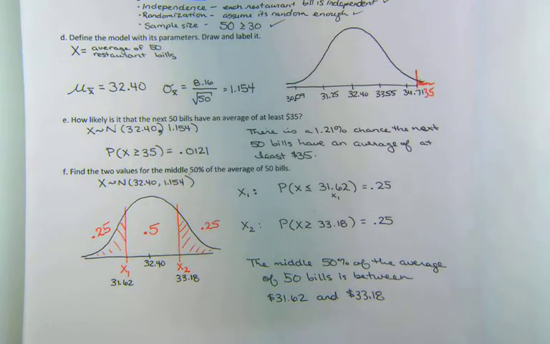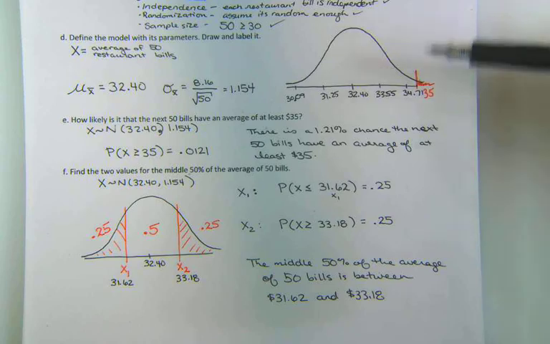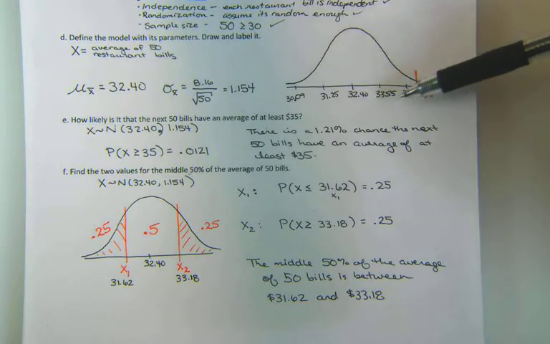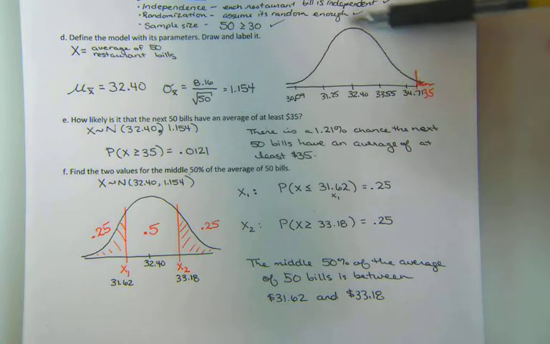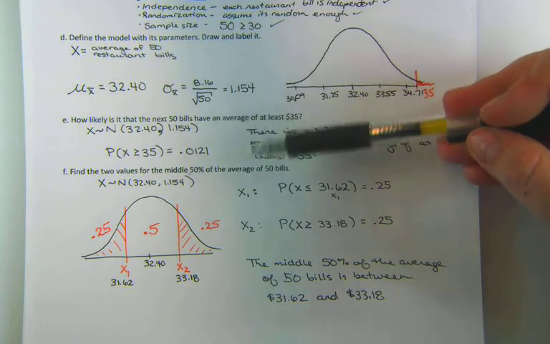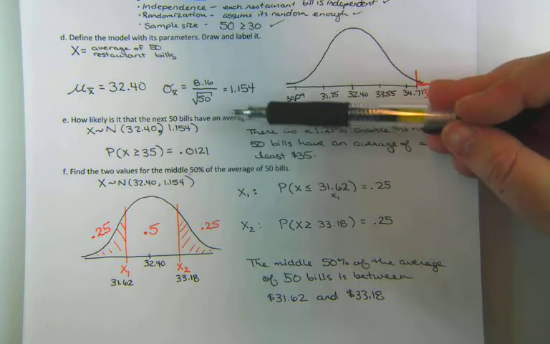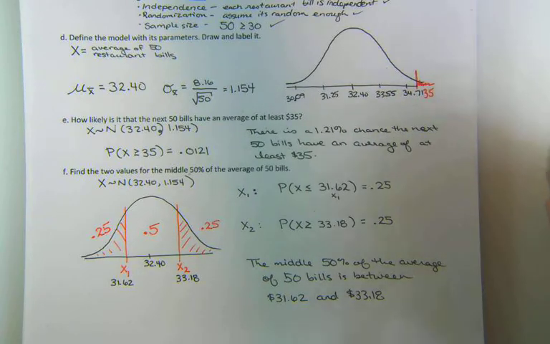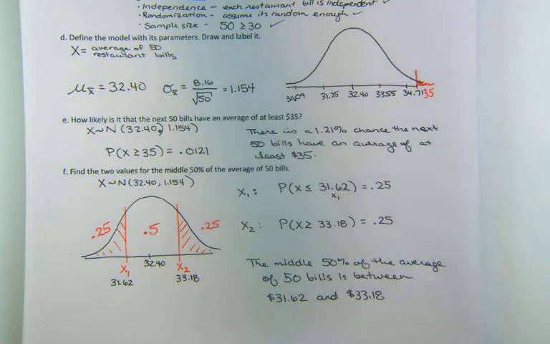So this means the middle 50% of the average of 50 bills is between $31.62 and $33.18.